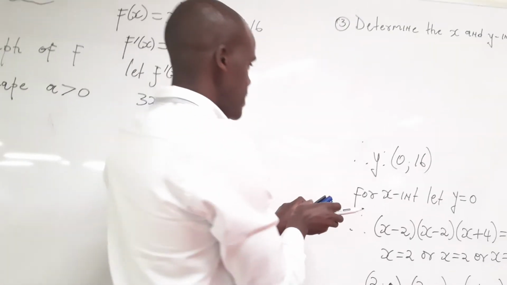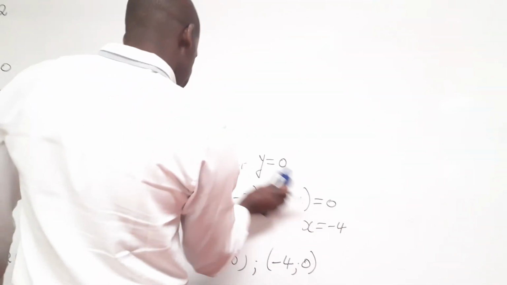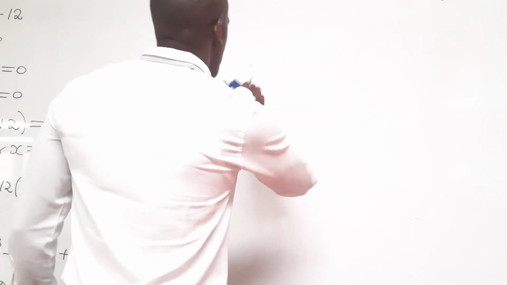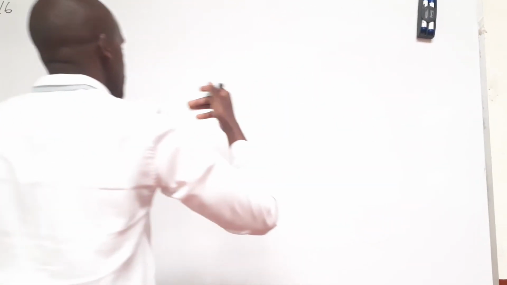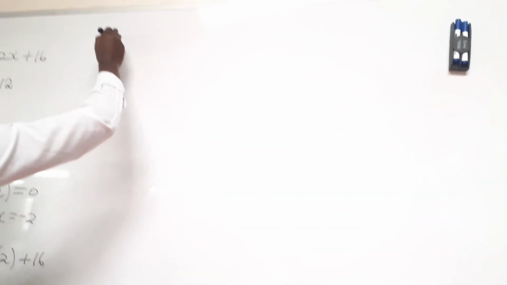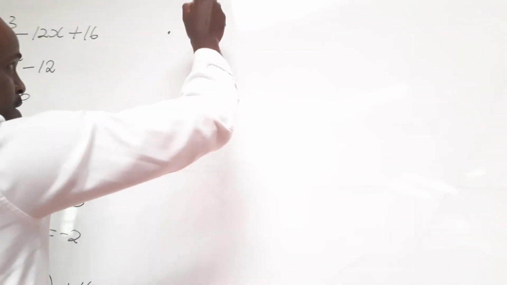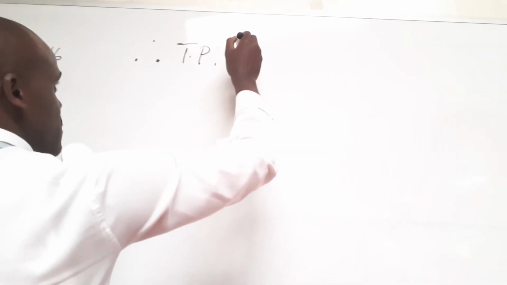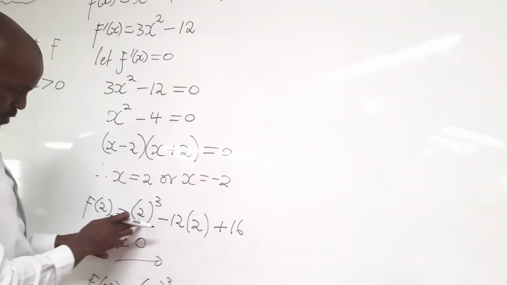Let's write the stationary points. You do not leave it there. You need to write the points. Right. Therefore, remember, a stationary point is a turning point. We've got two turning points. We've got this one.